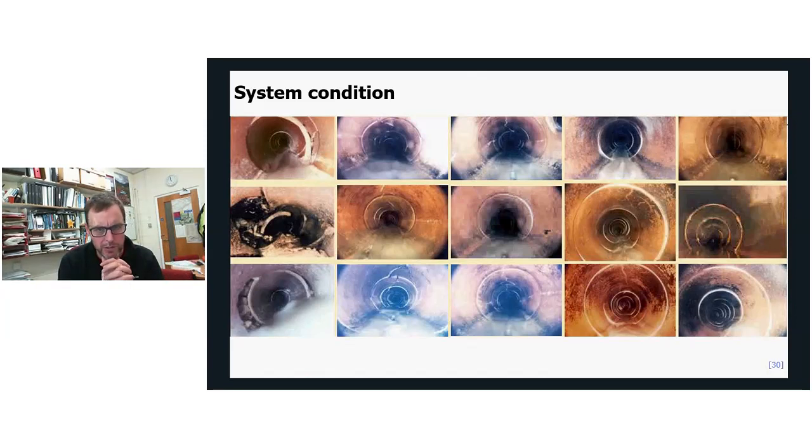Whereas 20, 30 years ago, you only really found out about the condition of a network once there was a significant problem, and you went into the network and you could see that it really required investment. But many more pipe networks have had CCTV down them now, and they've got condition classification set up.